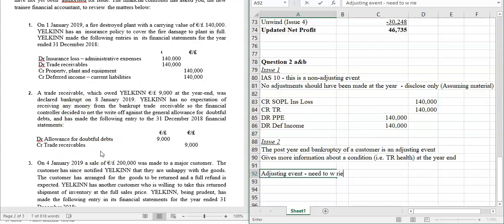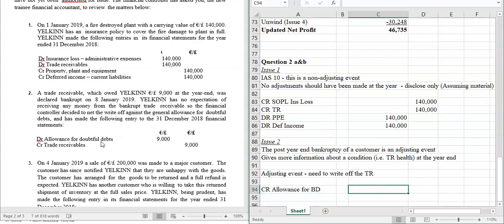Need to write off the trade receivable. And you're writing it off in full here because you're told you're not going to receive anything. So you shouldn't have written it off against the allowance. You should reverse that, credit the allowance for bad debts, 9,000, and you will debit bad debt expense in the SOPL 9,000 instead.